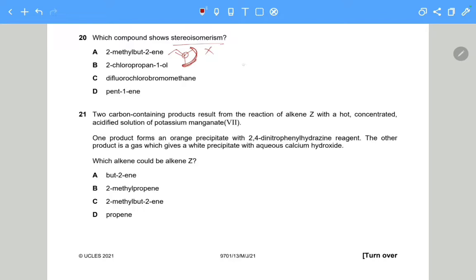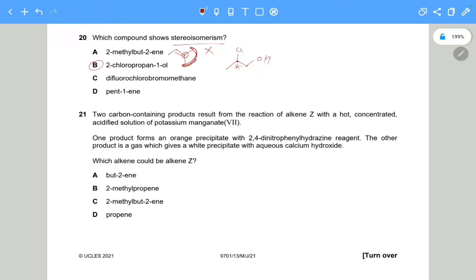Then 2-chloropropane 1-ol. Again, let's draw it out. 2-chloropropane 1-ol will look something like this, and it will not show geometric isomerism because there is no alkene group here, but this carbon is a chiral center because it has 4 different groups attached, so it will show optical isomerism, and therefore this can be the correct answer.